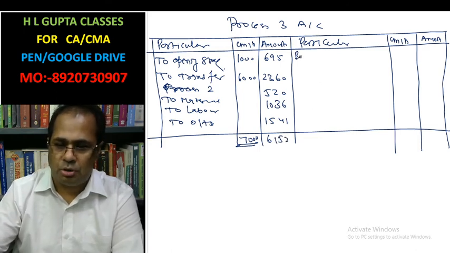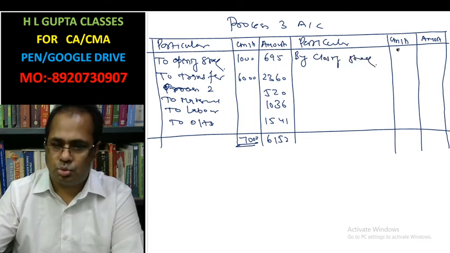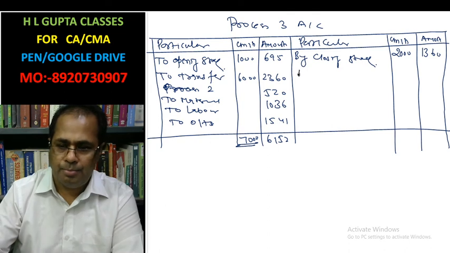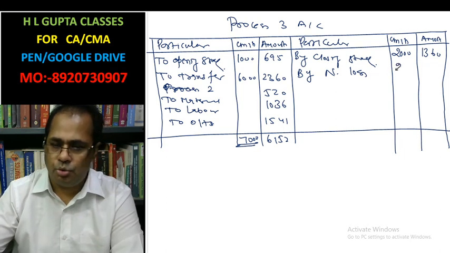By closing stock 2000 units, 1360. By normal loss 250 units. Its cost is already calculated, 50 at the rate of 0.20.